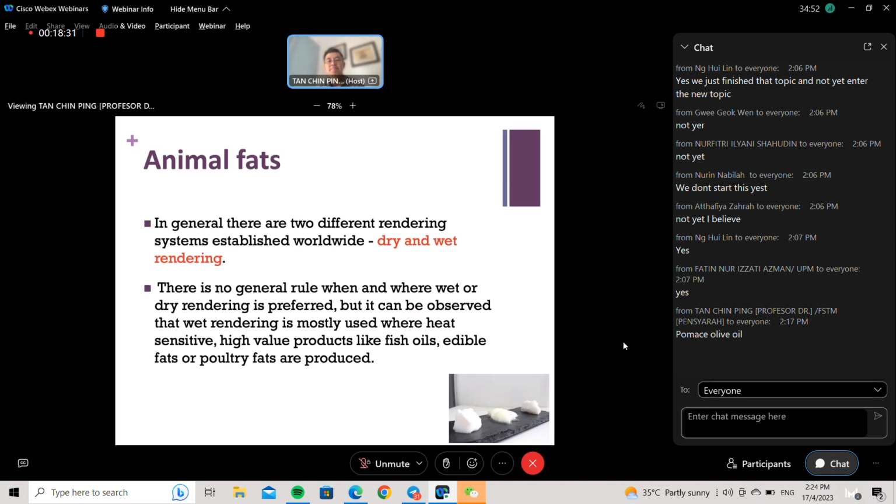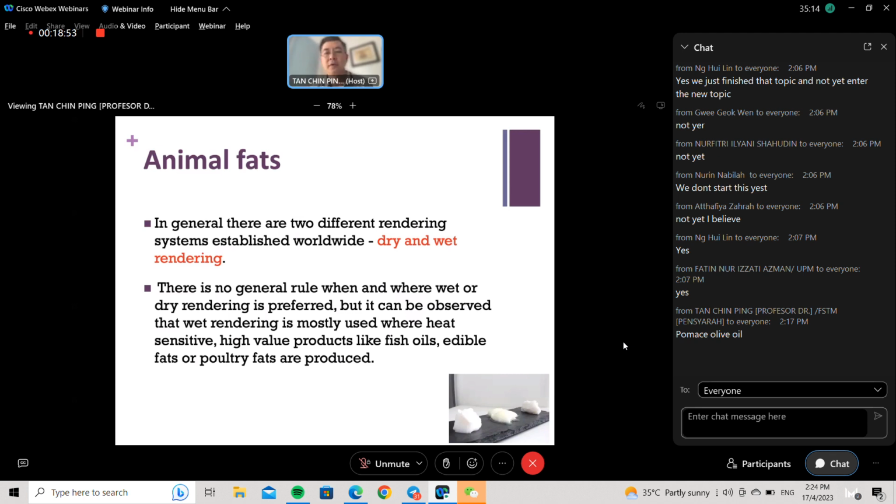But it is usually said that wet rendering temperature is slightly lower than dry rendering. And usually in wet rendering, your adipose tissue is not exposed directly to heat or the surface of stainless steel, which is hot.